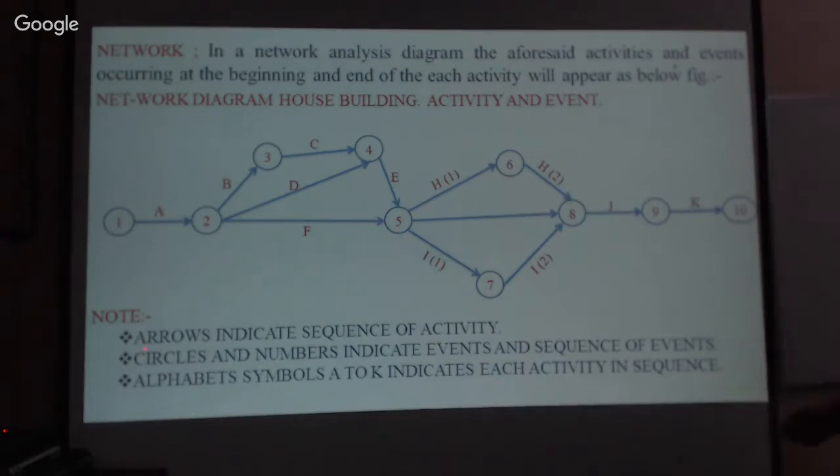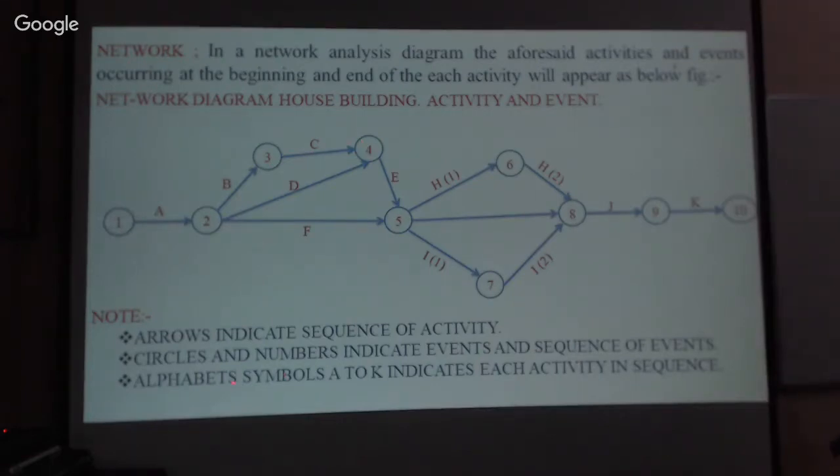Now here you can recognize that the arrow indicates the sequence of activity. The arrow indicates the sequence of activity, and the circles and numbers indicate events and the sequence of events. This is event 1, event 2, event 3, event 4. Circle and number indicates this.